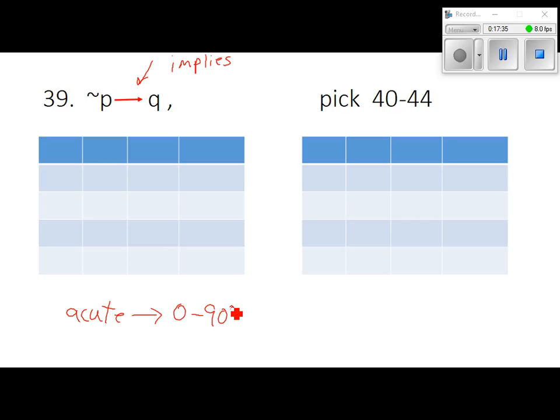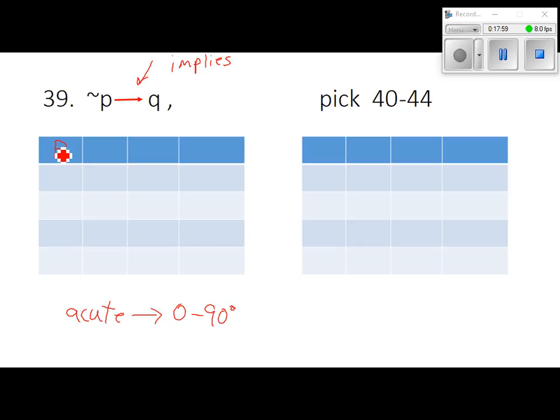What do they have in this box on this one? Is that what they had in there? 39? No, they didn't have that. They said draw the truth table. Is that what they said? All right, what are we going to put in this box? P. Don't make these truth tables harder than they are.